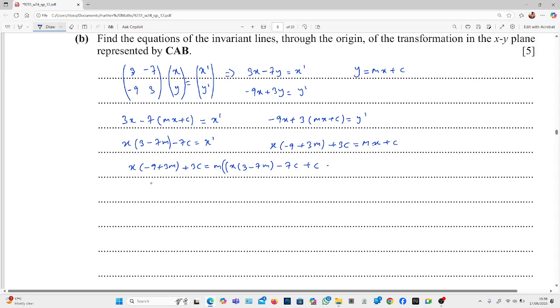So what we have then is the coefficient of x here turns out to be minus 9 plus 3m, and the coefficient of x over here turns out to be m into 3 minus 7m.